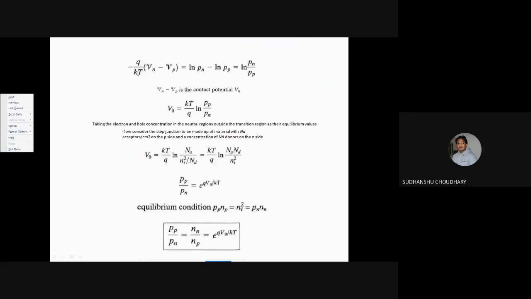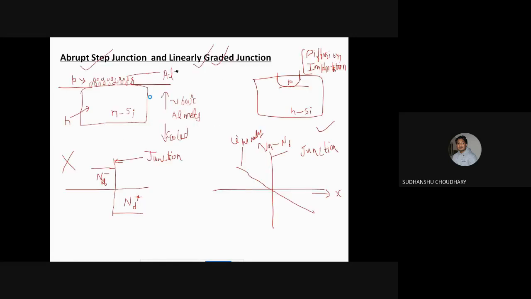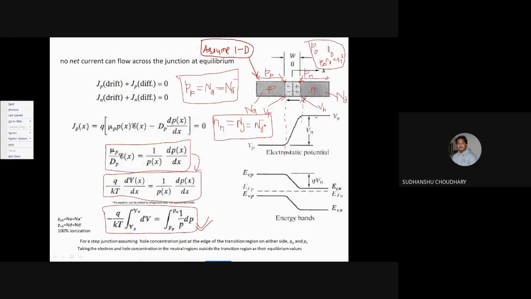So this becomes minus q by kT (Vn minus Vp) is equal to natural logarithm of Pn minus natural logarithm of Pp, or this is equal to natural logarithm of Pn by Pp. Where this Vn minus Vp, if you go back here, you will find that Vn minus Vp is equal to this difference, V naught.